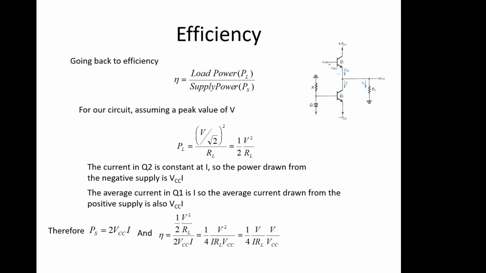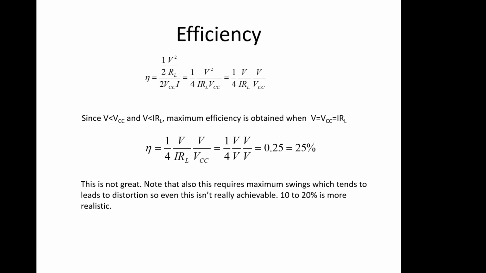And if we do that, things start to cancel out. You find everything cancels out, and we end up with a maximum efficiency of 25% for this amplifier configuration.